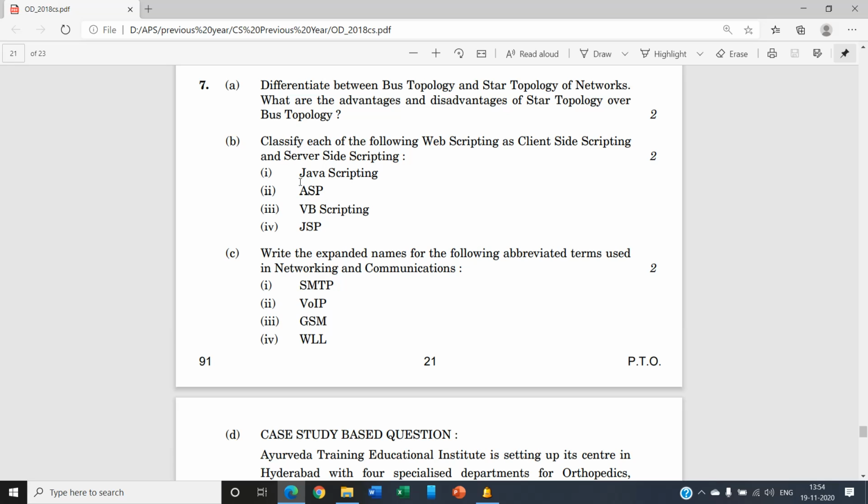So there is a round trip to the server every time you interact with the web page. Such types of languages are termed server-side scripting languages, and the examples are ASP, whose full form is Active Server Pages, and JSP, Java Server Pages.